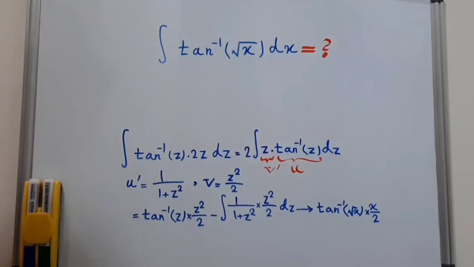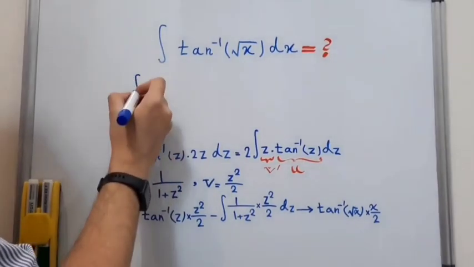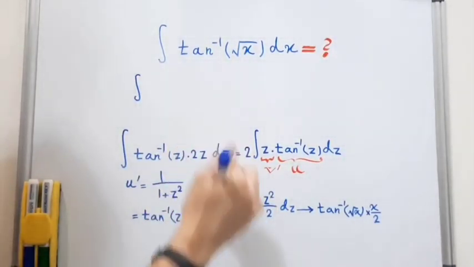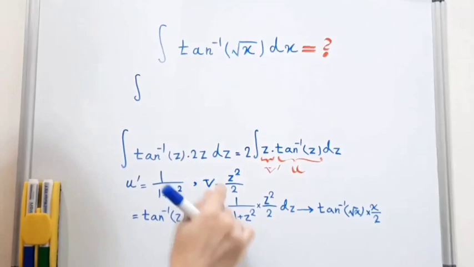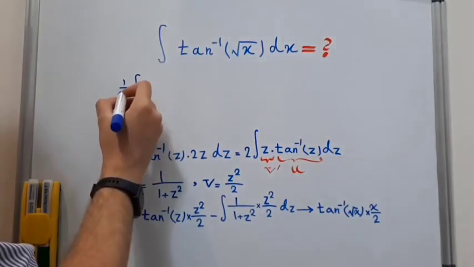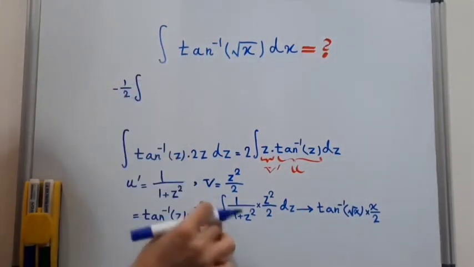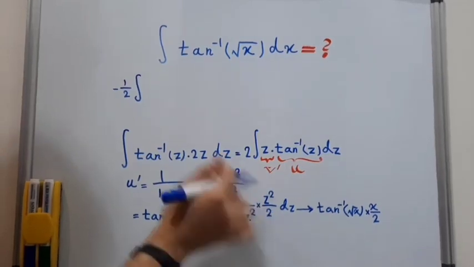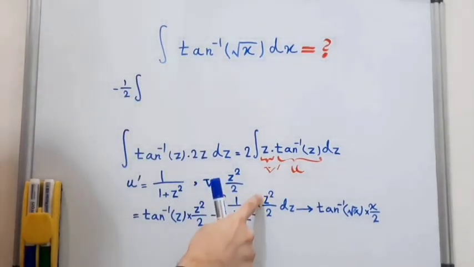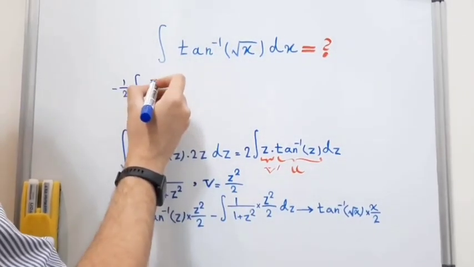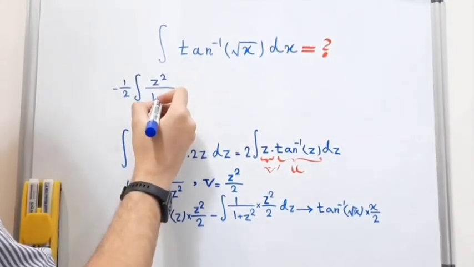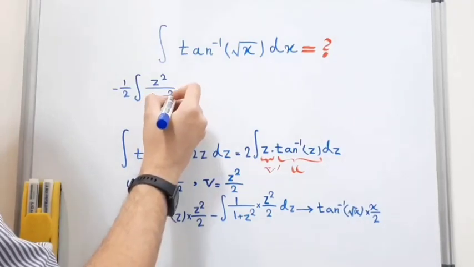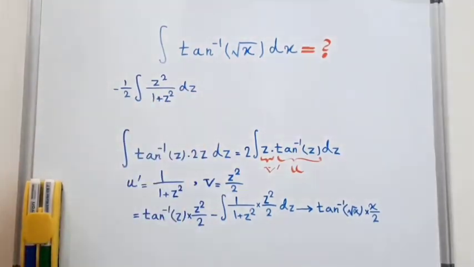So the integral, these two guys multiply with each other. I just put 1 over 2 outside of the integral, because it's not important, it is minus 1/2, and multiplying these two guys is going to be z squared over 1 plus z squared. Easy.